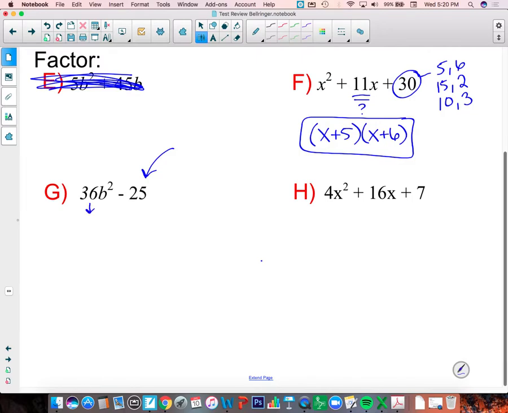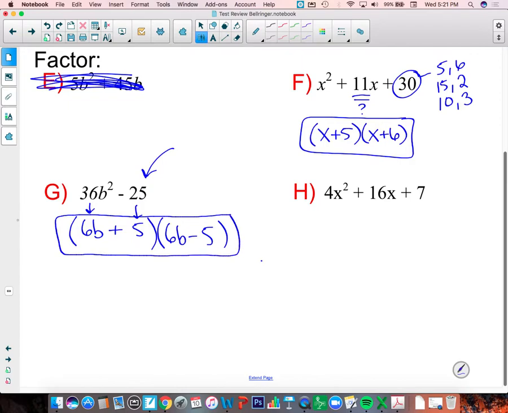The square root of 36 is going to be a 6, and we need the b. Square root of 25 will be a 5. And we know that we have the same thing in each set of parentheses, but one has a minus and one has a plus. That's just the pattern, that's the difference of squares. Remember I said that that's one of the most common patterns that we use in Algebra 2, and that you'll probably use from here on forth.